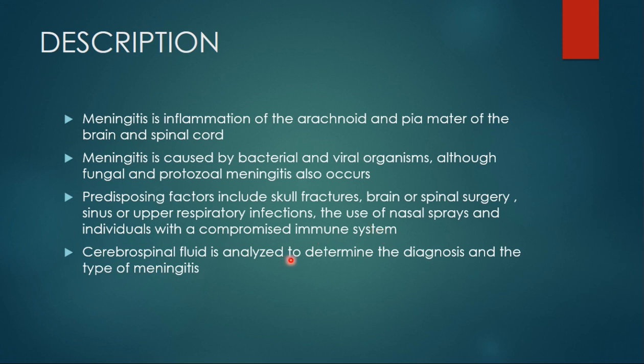Next, how can we diagnose this disease? We can diagnose this disease with the help of CSF analysis. That means cerebrospinal fluid is analyzed to determine the diagnosis and the type of meningitis. Clear?